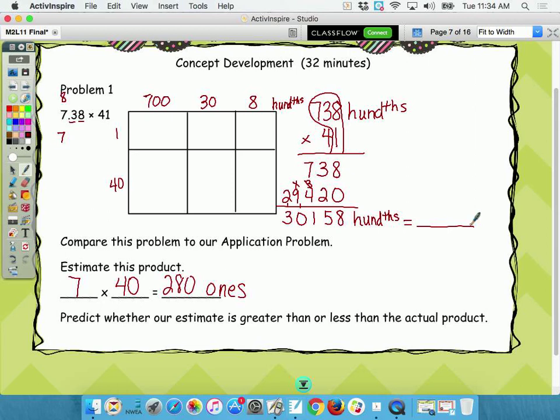Now, I can use Jaden's strategy. She said I just look at the number, the factor, with the decimal, and then I just use that many place values in my answer. So where's the only logical place to put the decimal? Between the 1 and the 5. Is 301 somewhere near 280? Yeah, it is. Okay.